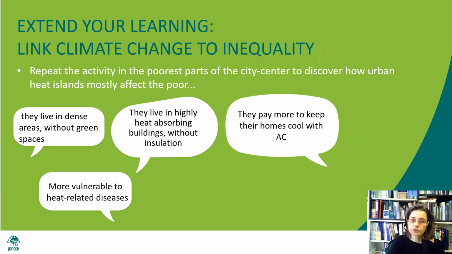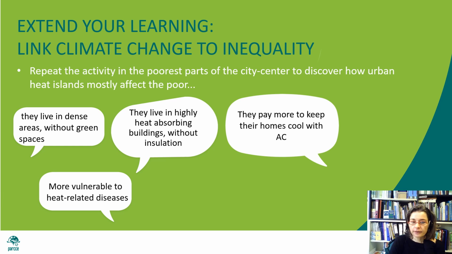As a follow-up, you can also repeat the activity in the poorest parts of the city center to discover how the urban heat islands affect mostly the poor communities. Why is that?